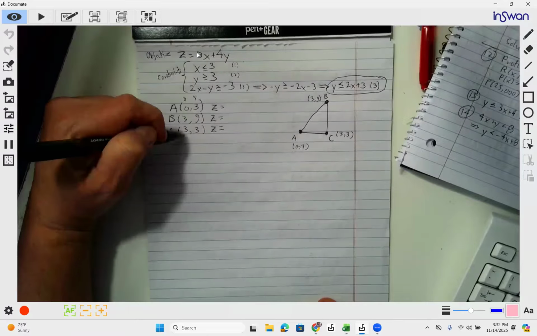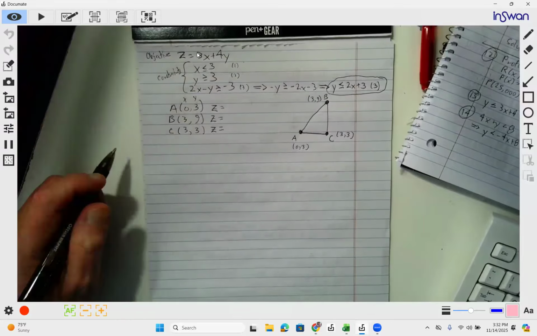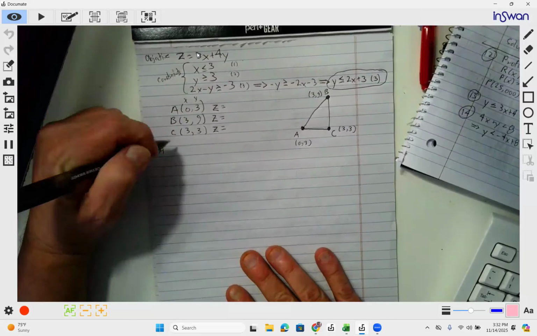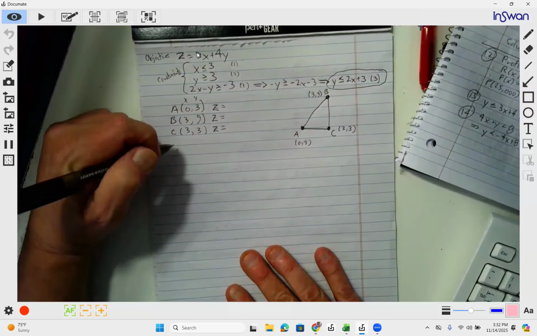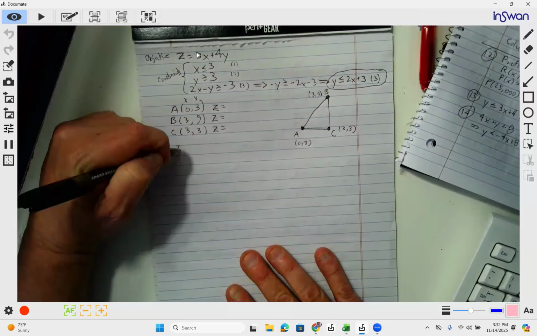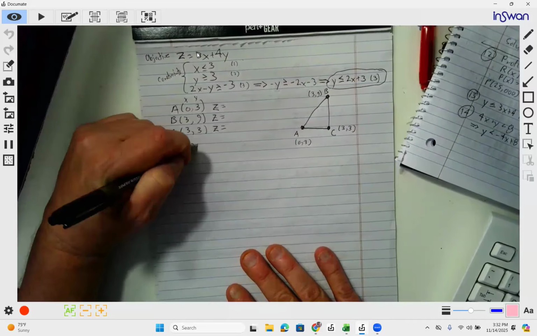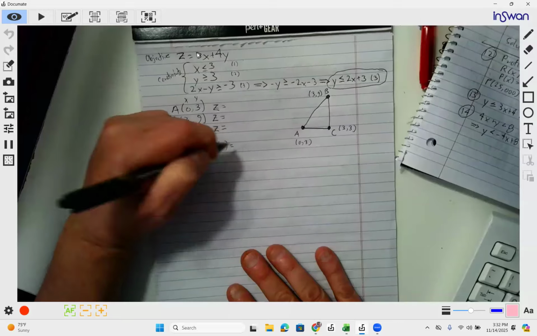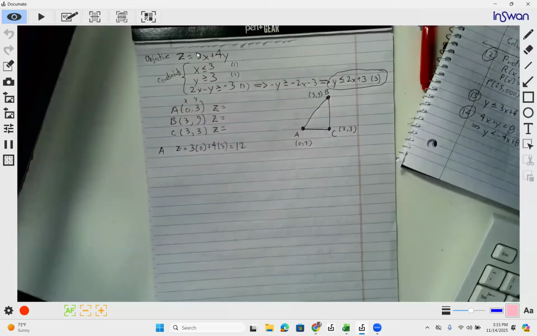The left-hand side is X's, the right-hand side is Y's. So for A, I've got X is equal to 0, Y is equal to 3. So this becomes Z is equal to 3 times 0 plus 4 times 3, which is equal to 12. Everyone with me on that?